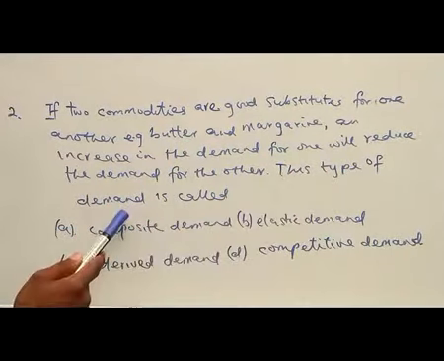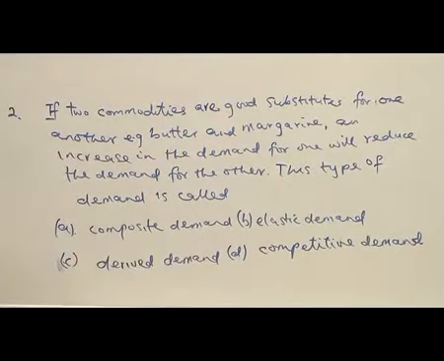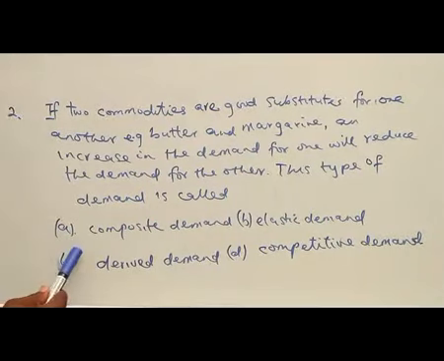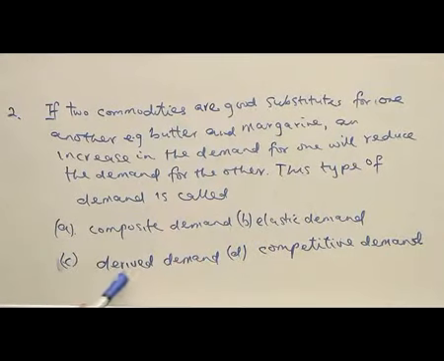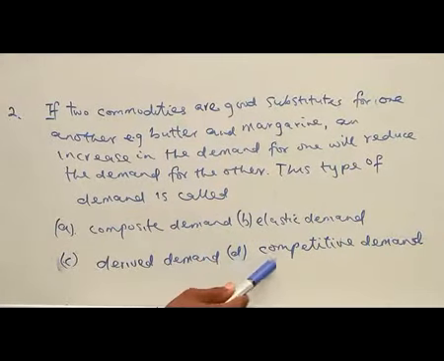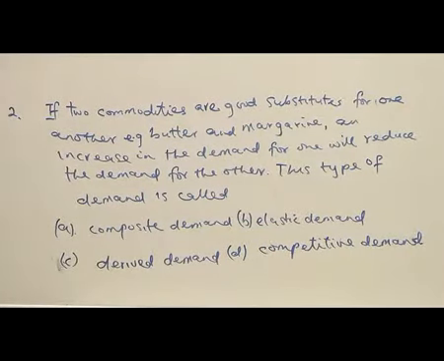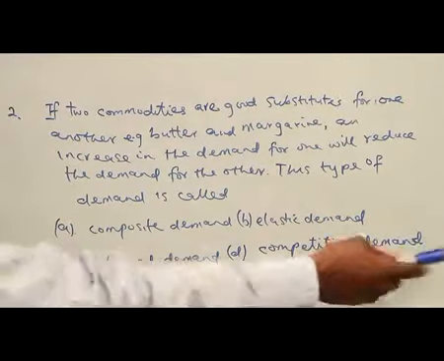This type of demand is called A, composite demand, B, elastic demand, C, derived demand, D, competitive demand. The question has already solved itself because it is talking about substitute goods, and substitute goods indicate competitive demand. So the right answer is D, competitive demand.